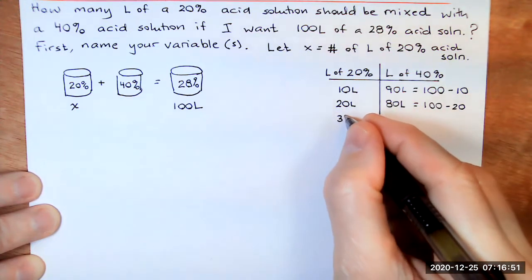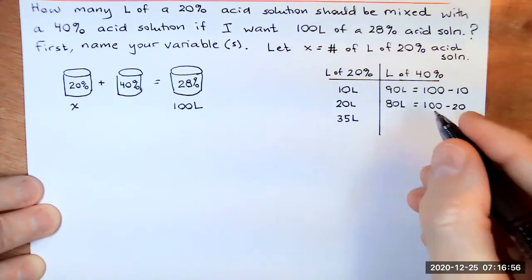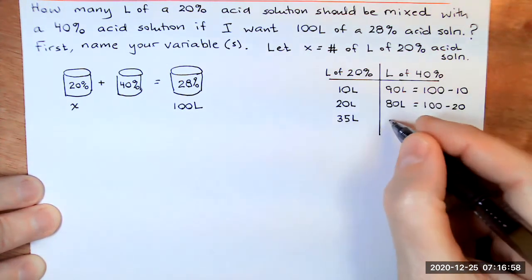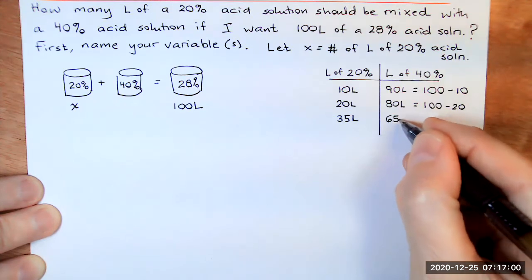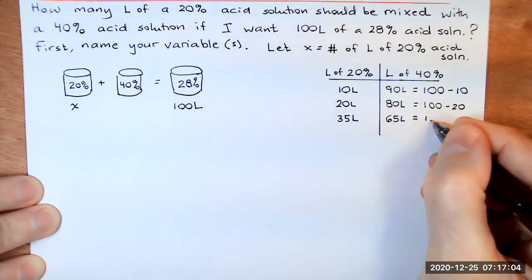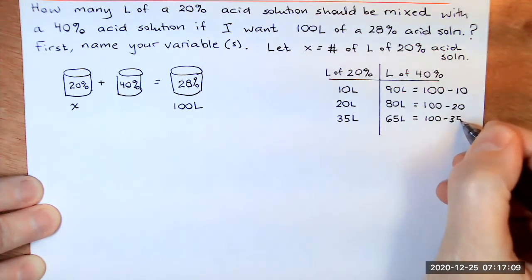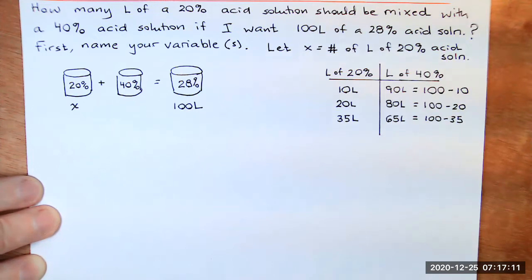What if there are 35 liters of the 20% solution? Well, if you guessed 65 liters, that would be correct. And how do you get 65? We just subtracted 35 from 100.